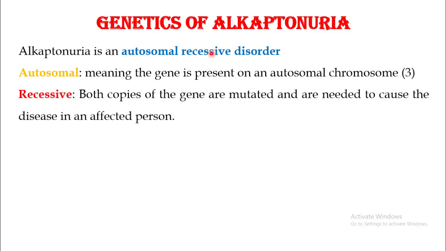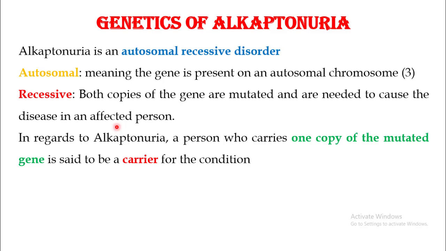Secondly, the term recessive means that both copies of the gene, the one you inherit from your mother and the one you inherit from your father, are mutated, and it is both mutated copies that lead to an affected person. As this is an autosomal recessive disorder, a person who carries one copy of the mutated gene and one normal copy is said to be a carrier for the condition.